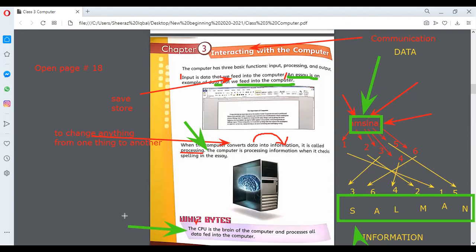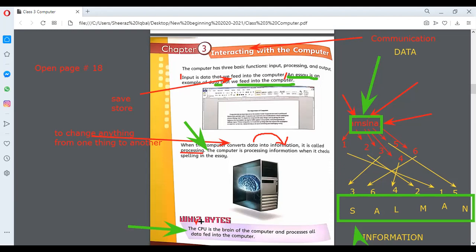Huzaima, can you read this one? Can you read the last line again? The CPU is the brain of the computer and processes all data fed into the computer. Very good, Huzaima.